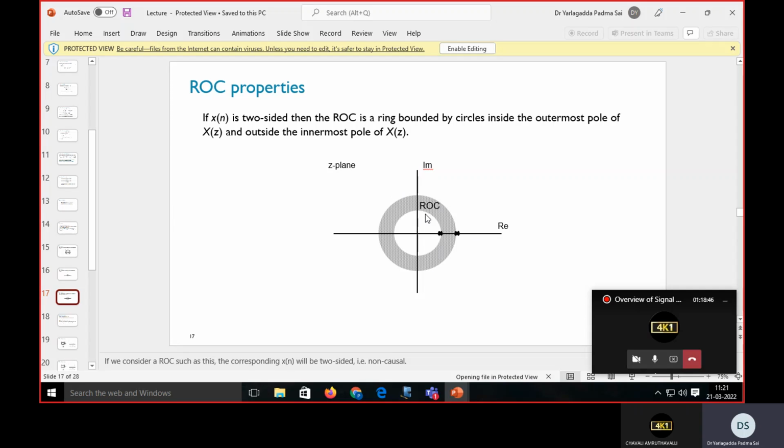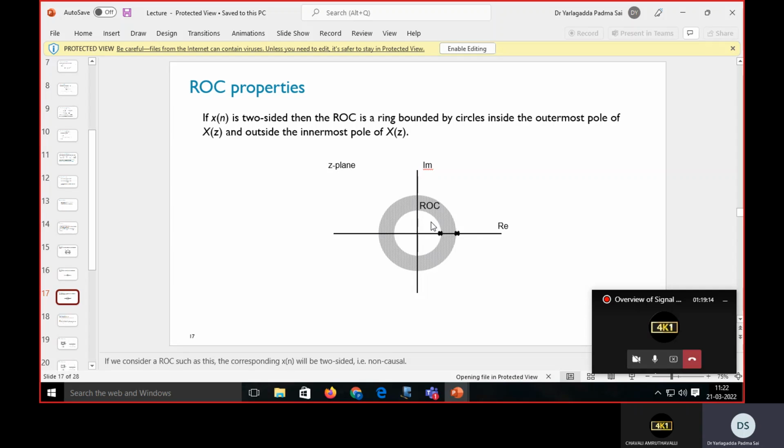This is also one of the GATE questions. Okay, I am having two sequences, x1 and x2. If I want to check, for both sequences there should be a common region, a common ROC. Then only if you are multiplying or adding those two sequences, the resultant sequence exists, otherwise no. There should be a common ROC.